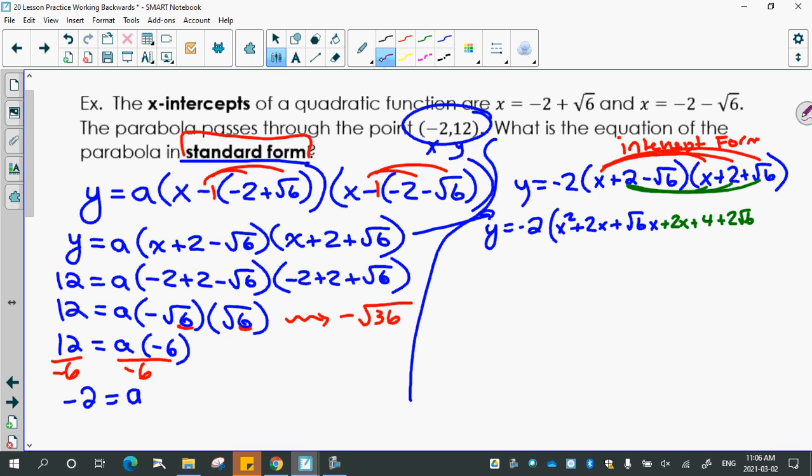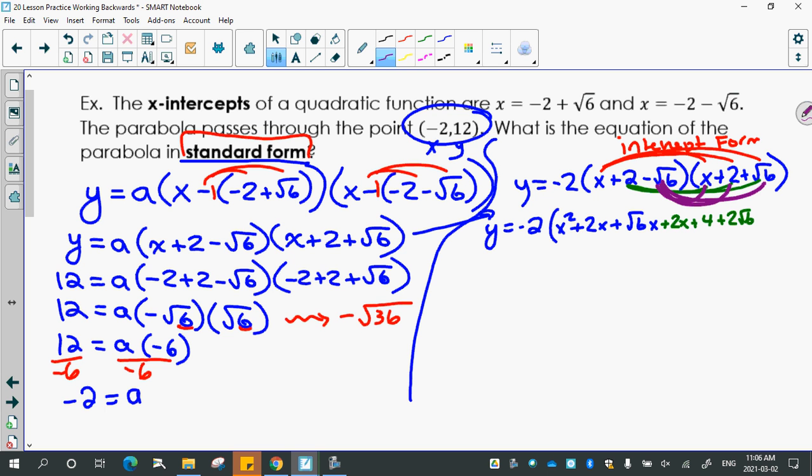Now I'm going to multiply the negative root 6 by each term in the third bracket. So there's going to be 9 products that you do when you expand them.